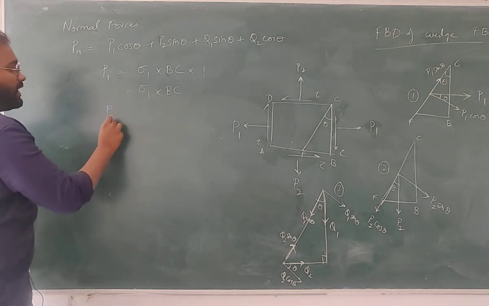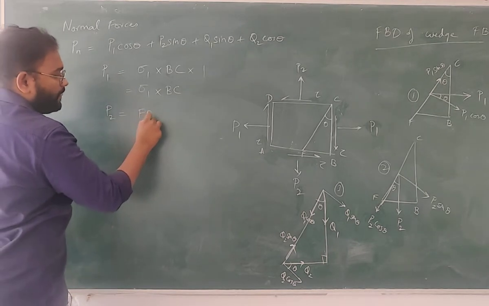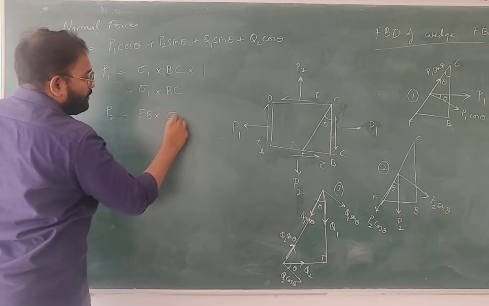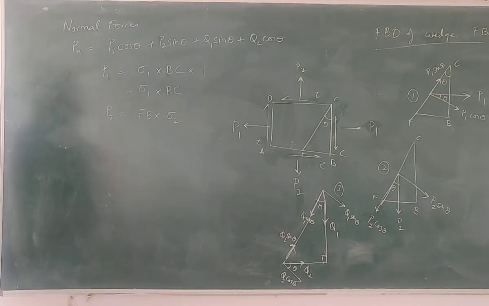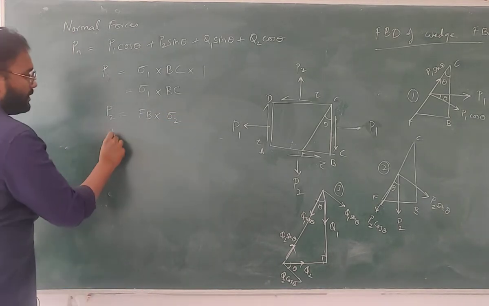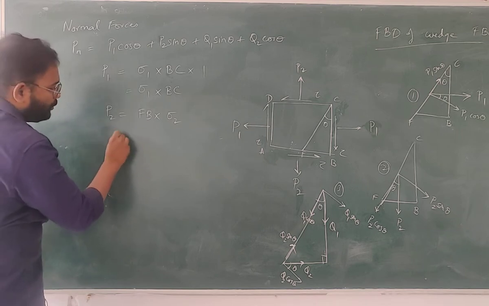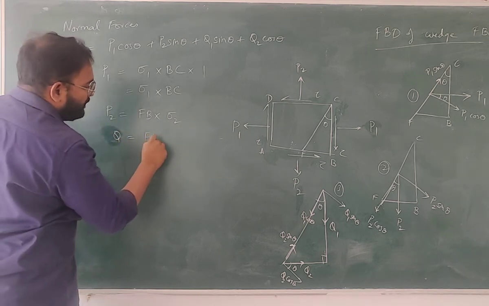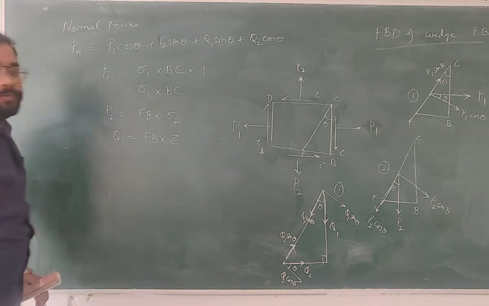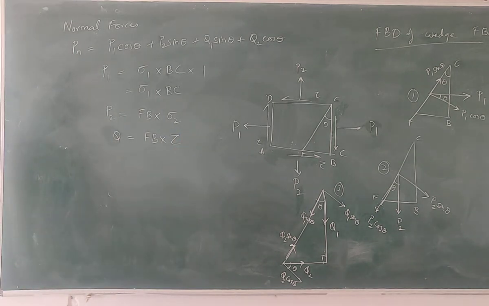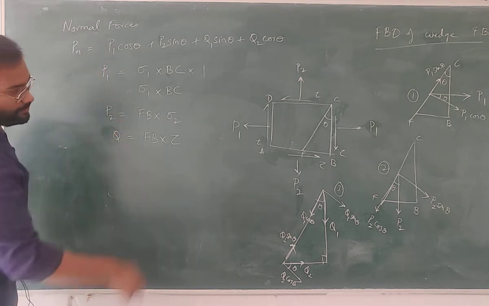Similarly, P2 is equal to sigma 2 multiplied by FB. Similarly, Q is FB multiplied by tau. I'll substitute all this in this formula.